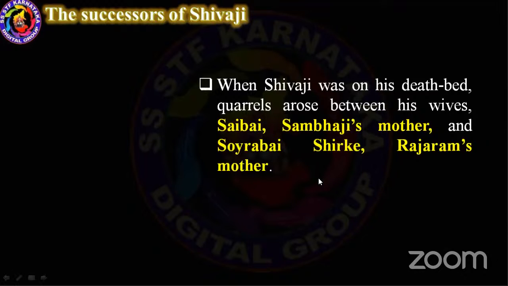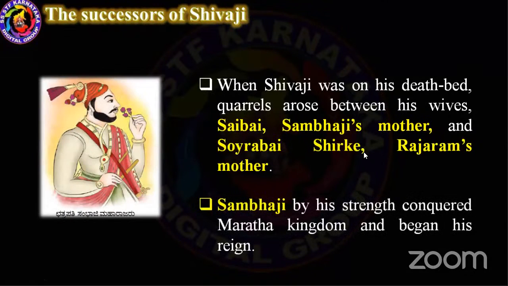He had two sons, one was Sambhaji and the other was Rajaram. Both wives of Shivaji started to fight to bring their child to the throne, while Shivaji was in the later days of his life.